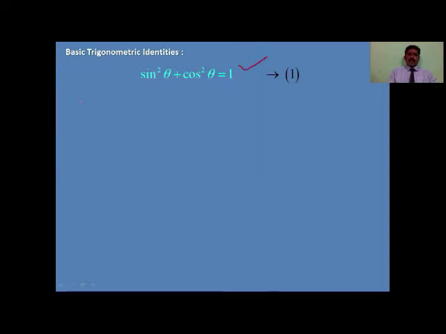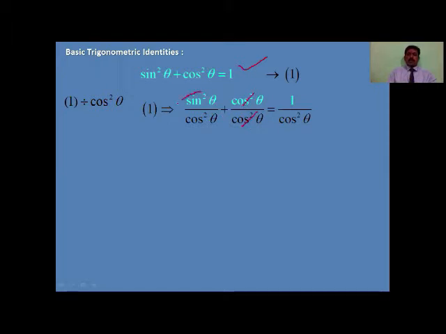To derive the second identity, I am going to divide equation 1 by cos square theta. If you divide equation 1 by cos square theta, we get sin square theta by cos square theta plus cos square theta by cos square theta equal to, right hand side, 1 by cos square theta. Here these two are the same, so I have cancelled it and we get 1 here.